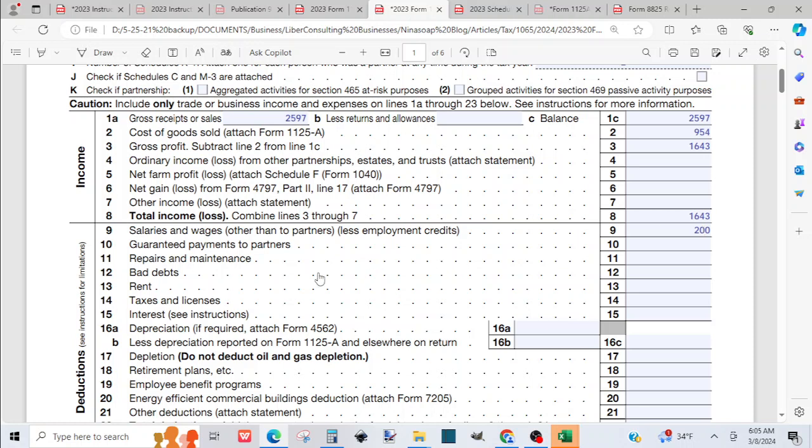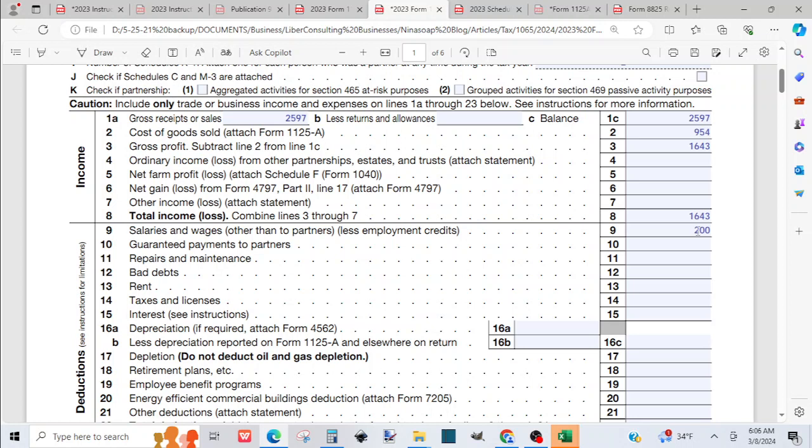And that means where you have taxes and licenses, you'll only put your unemployment tax, your employer portion of Social Security and Medicare that you paid.